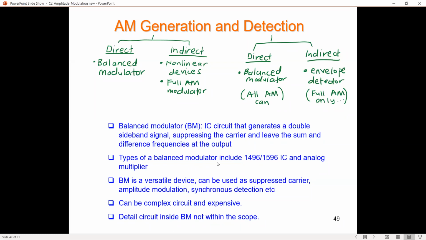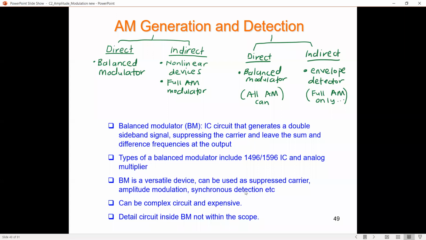And we have several types of balance modulators, such as the 1496 or 1596 IC and the analog multiplier. It's a very versatile device. Instead of only producing double sideband signals, we can also use it for synchronous detection.